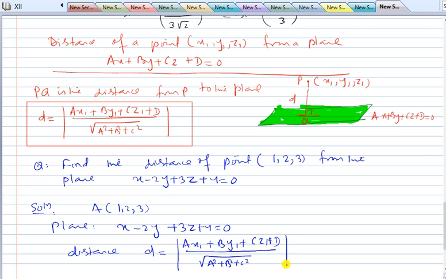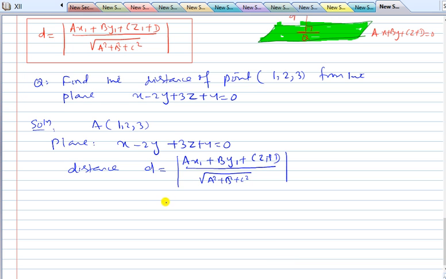Okay, so let us find it out. This is x. In place of x I will be writing 1, a is 1, so it will be 1 plus, this is minus 2 into, in place of y I will be writing 2 plus 3, in place of z I will be writing 3 divided by square root of, this is 1 square plus minus 2 square plus 3 square.